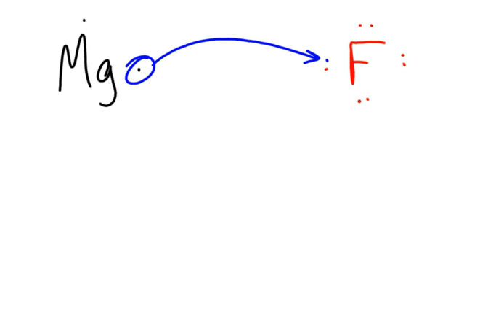Hopefully we can look at the periodic table and you see that magnesium has two valence electrons, and fluorine has 7. It wants to have 8. Magnesium wants to get rid of its 2. Well, this electron right here will come over here and it will make fluorine happy.